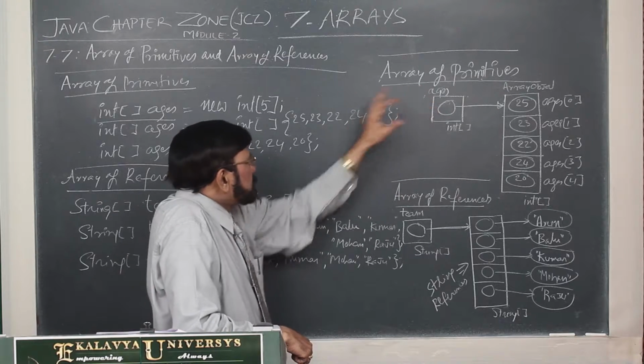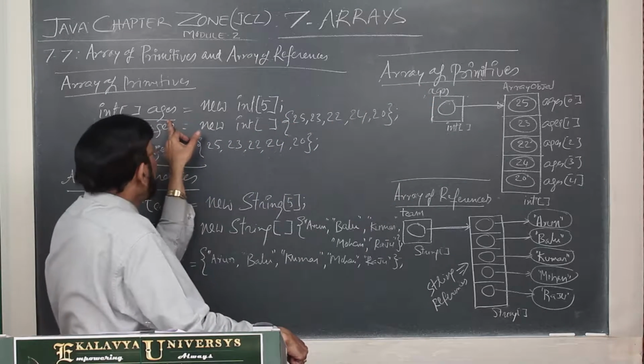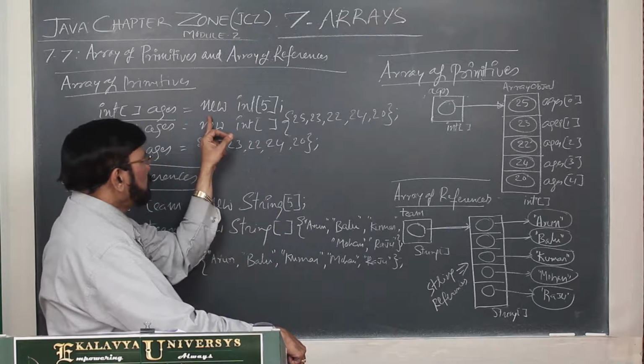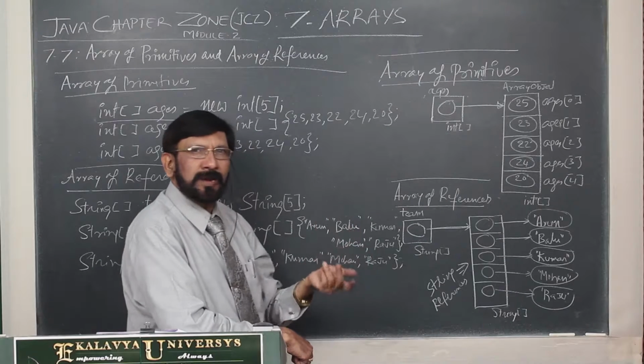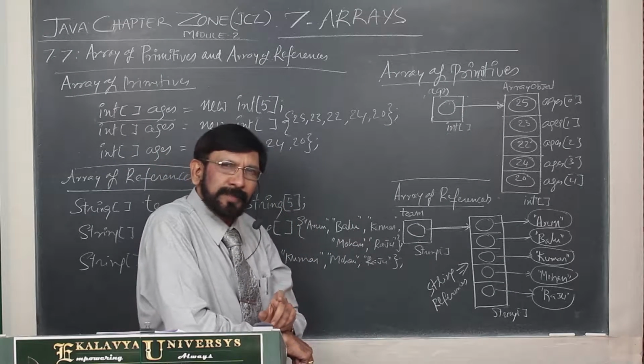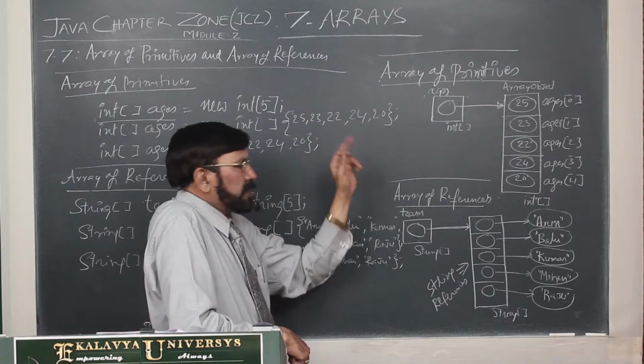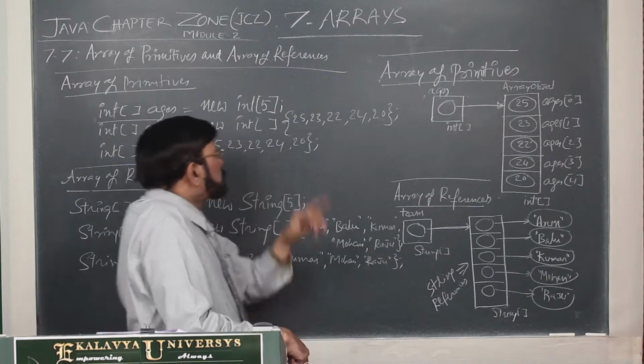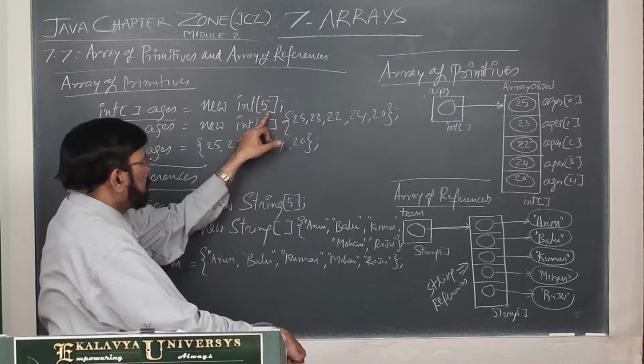That's why first we have to declare the reference variable, and thereafter with new int 5 we have to tell the size of the array. Then only new can allocate the required amount of memory. So we have put 5 here.